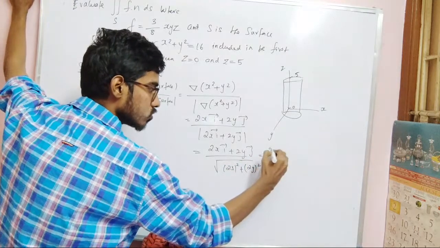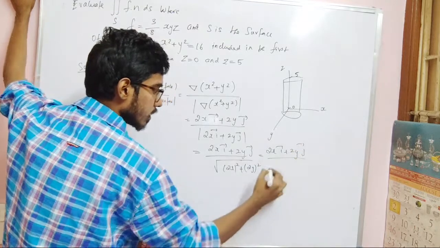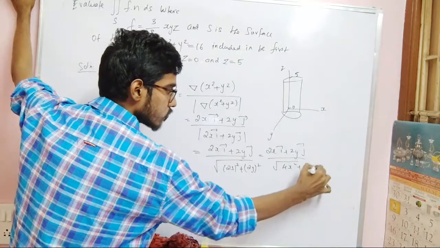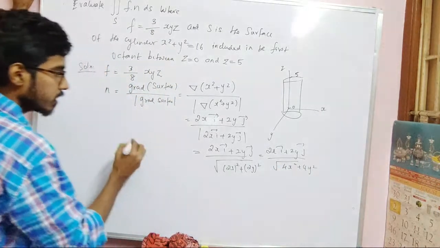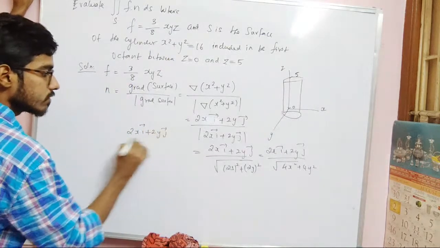So this is 2x i vector plus 2y j vector divided by the square root of 4x square plus 4y square. Now I can take 4 outside.